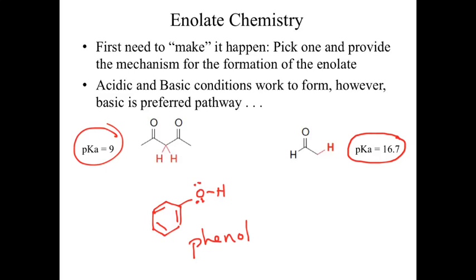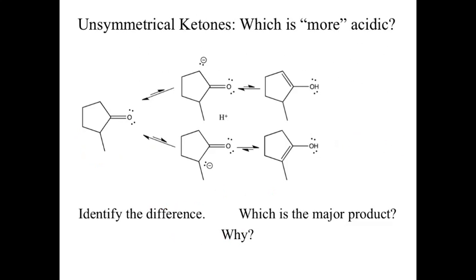That phenol has a pKa of about 9 to 10. So we're looking at something that's quite acidic. I mean, you're getting down into that range of high acidity for organic molecules.